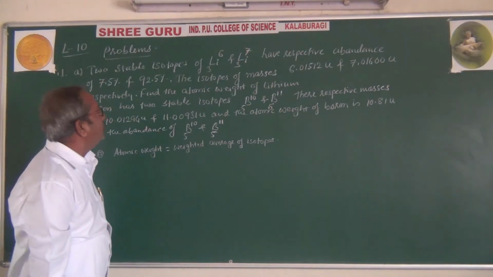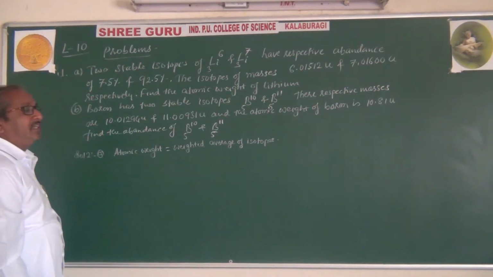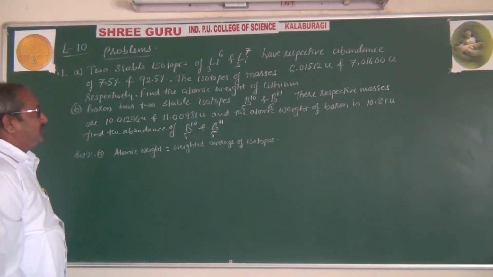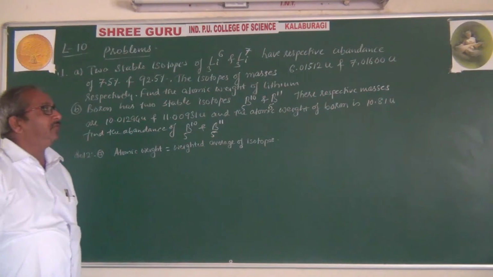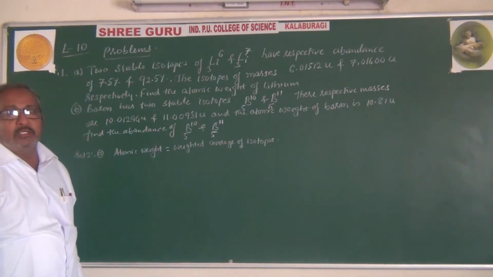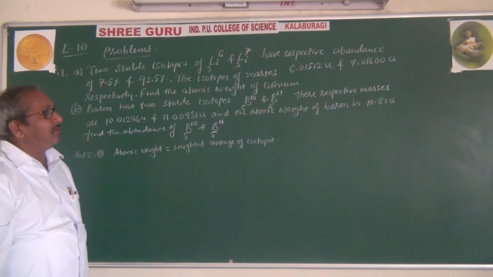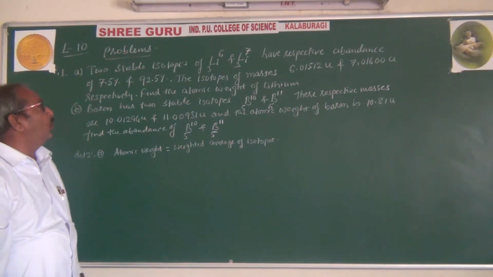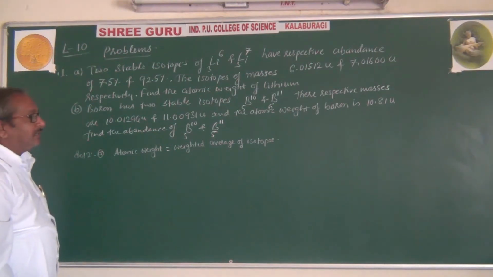They have respective abundances of 7.5% and 92.5%. The isotopes have masses 6.01512 U, where U indicates atomic mass unit, and 7.016 U respectively. Find the atomic weight of lithium.